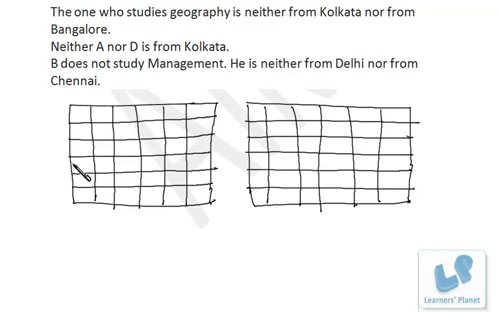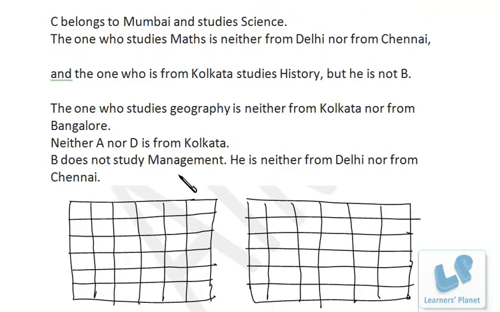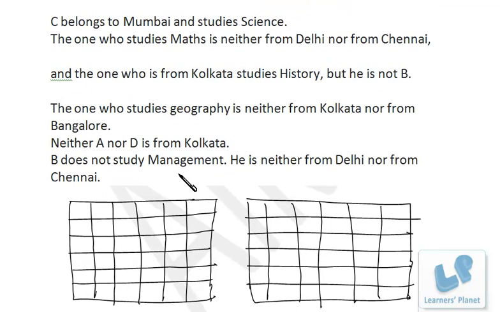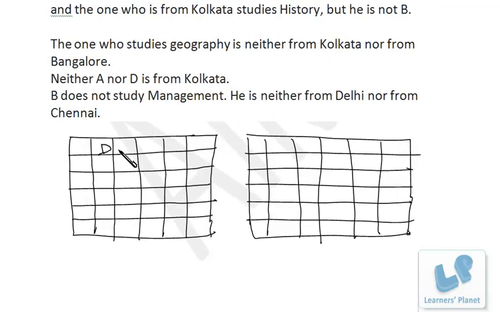Now what are the cities? Cities are Delhi, Kolkata, Chennai, Mumbai and Bangalore. These are cities, right?